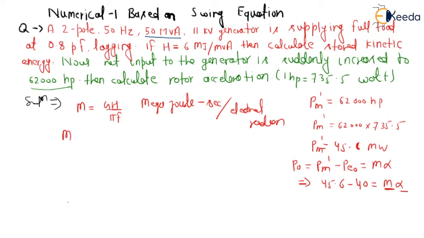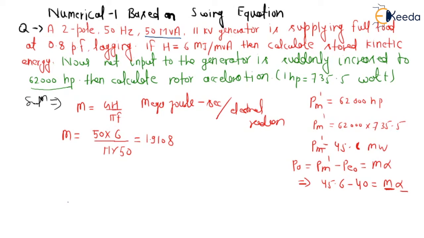M is equal to G into H upon pi into 50, that is 50 MVA into 6 upon pi into 50, and this will be in electrical radian. So M value is coming out to be 1.9108.